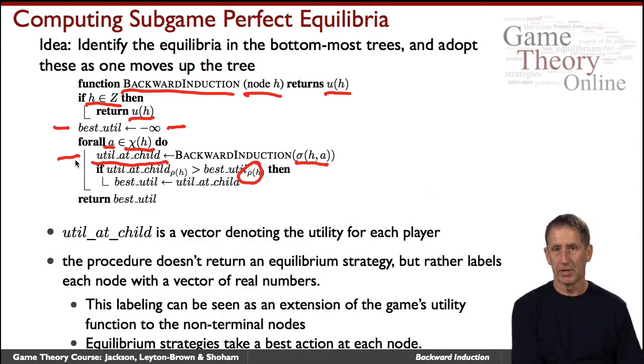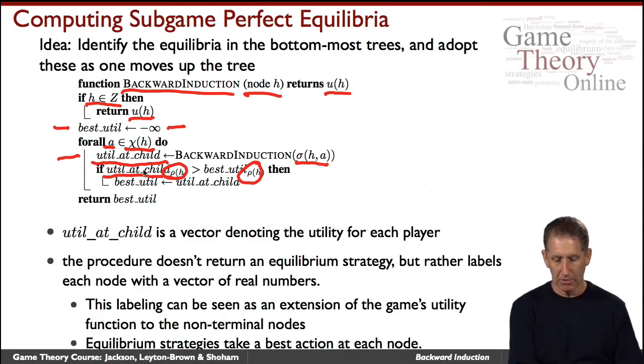We'll be going over all the children one at a time, and if ever the utilAtChild is better for the agent than the best util so far, we'll update the best util. That's what's going on here. So this is what this says. utilAtChild is a vector. So look at the element of that vector corresponding to the agent we care about, the agent in node h.